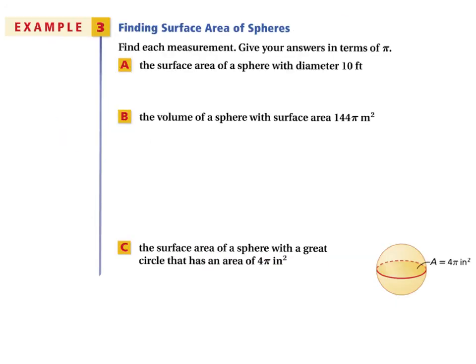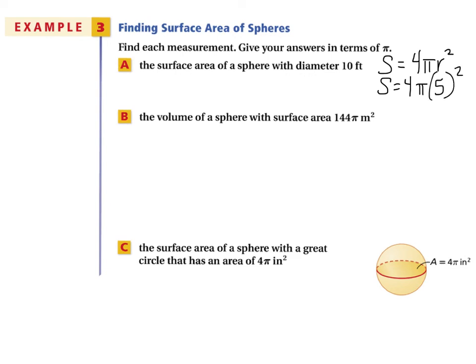Example 3A. Find the surface area of a sphere with diameter 10 in terms of pi. So we write down the formula. Surface area equals 4 pi r squared. We plug in the radius. Surface area equals 4 pi times 5 squared.